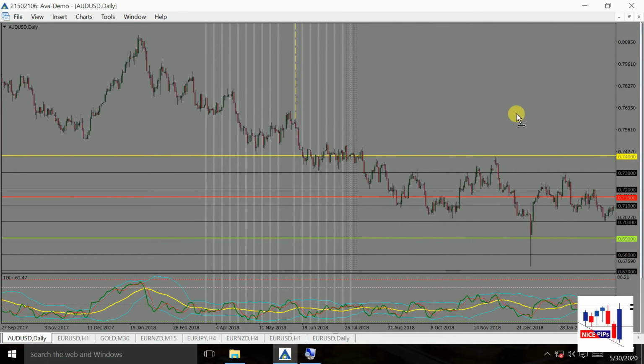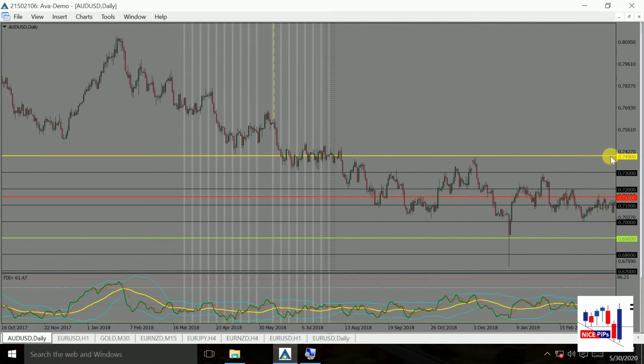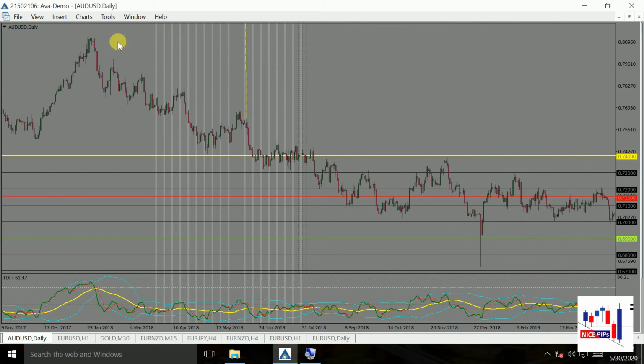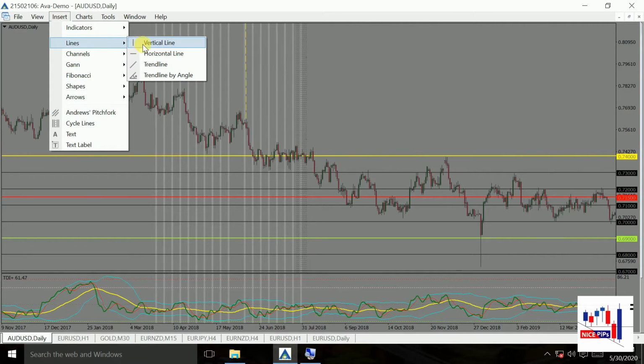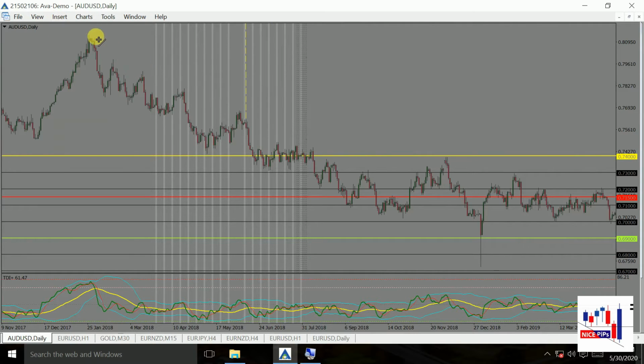My VIP students know when I'm talking about the quarters, 0.74000. So as it dropped, we can see a downtrend, a series of lower lows and lower highs. It got to this 0.7400, which is the beginning of a larger quarter, right?